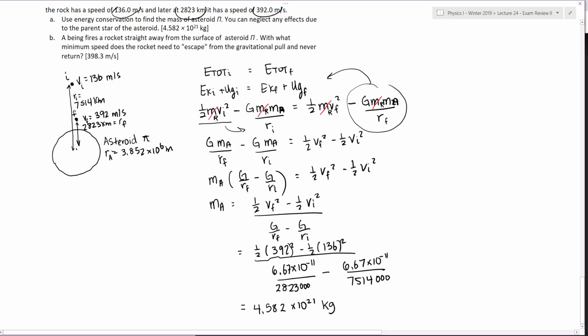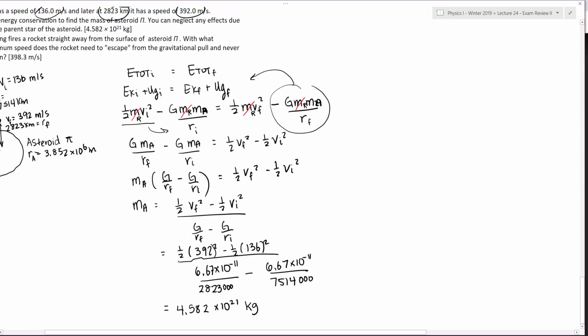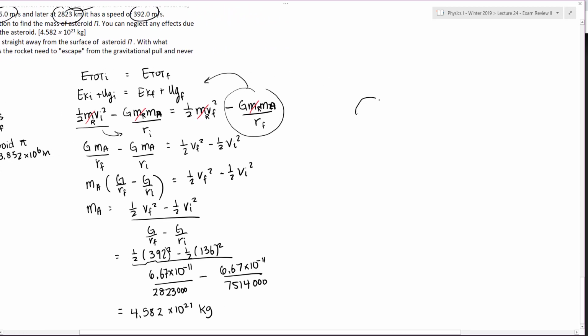Part B says a being fires a rocket straight away from the surface of the asteroid. With what minimum speed does the rocket need to escape from the gravitational pull and never return? Okay, so this question's asking for the escape speed. Let's say the rocket is here and I shoot the rocket out with an initial velocity.